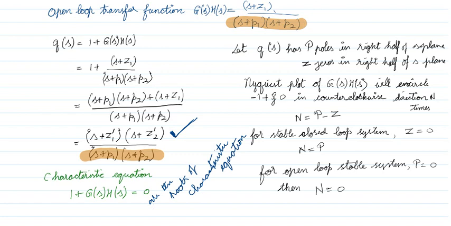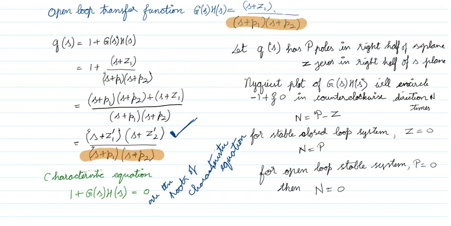Now we will move into the Nyquist stability criterion. The criterion is: if Q(s) has P poles in the right half of the s plane and Z zeros in the right half of the s plane, then the Nyquist plot of the open loop transfer function G(s)H(s) will encircle the point minus 1 plus j0 in the counterclockwise direction N times, where N is given as P minus Z. P is the number of poles of Q(s) in the right side of the s plane.